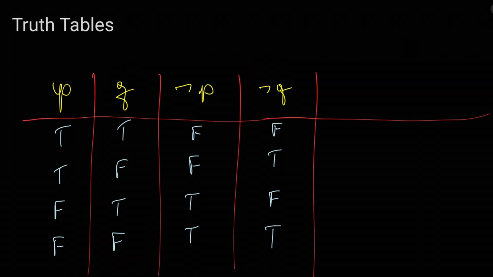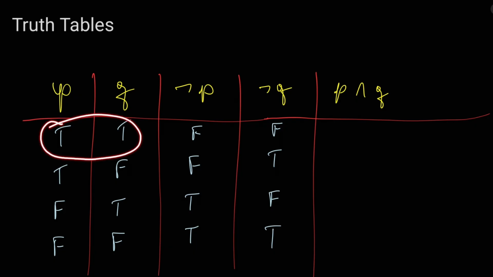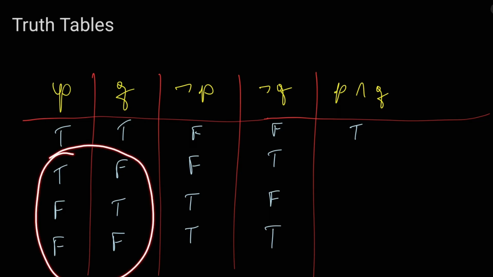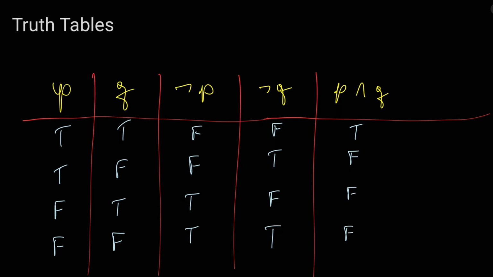Next, let's do P and Q. This is true only when both P and Q are true. So here we have this scenario where both are true, so P and Q is true here. For all other scenarios, at least one of them is false, so every other row is false for P and Q. P and Q is only true when both P and Q are true.